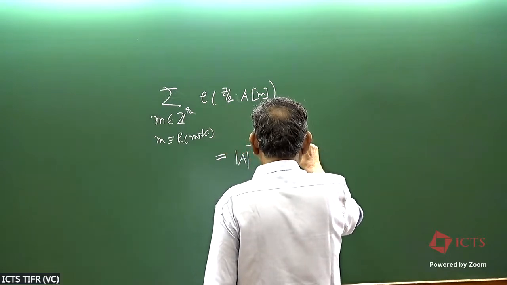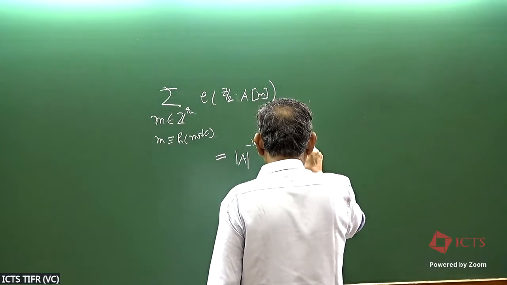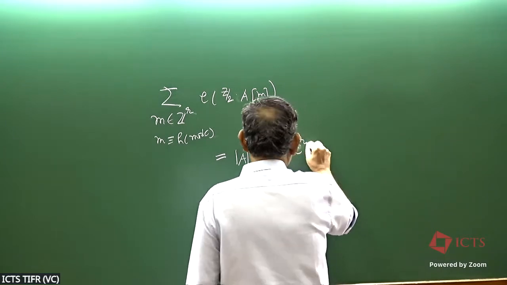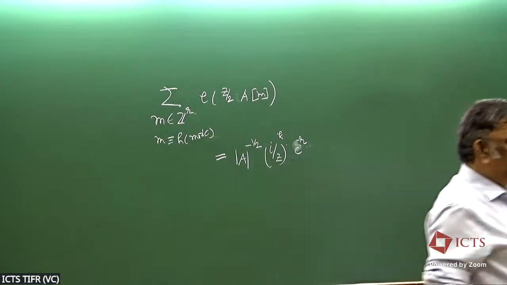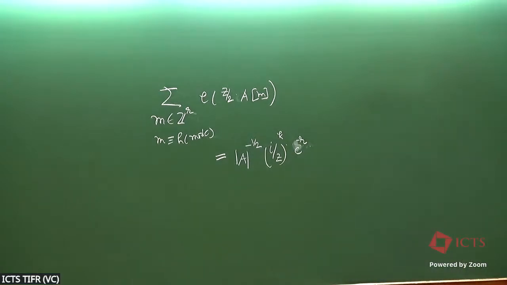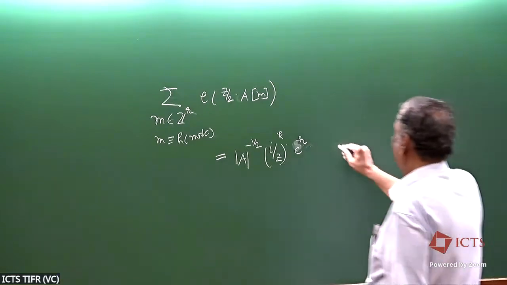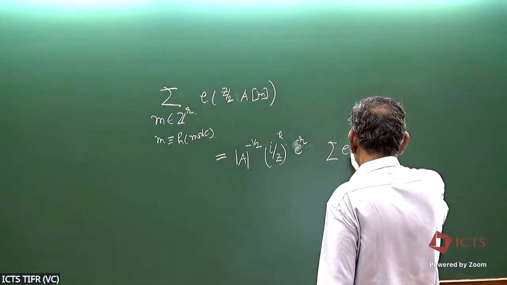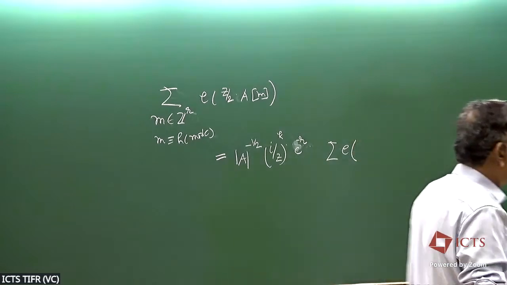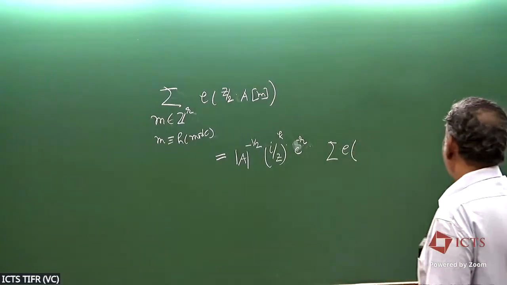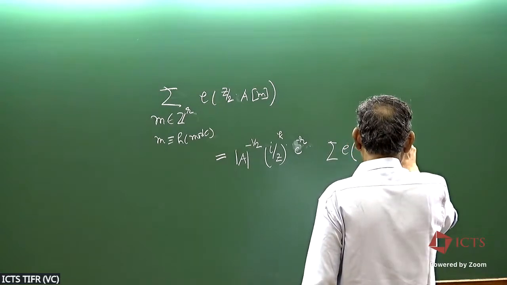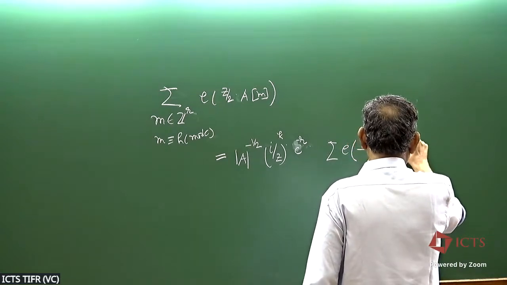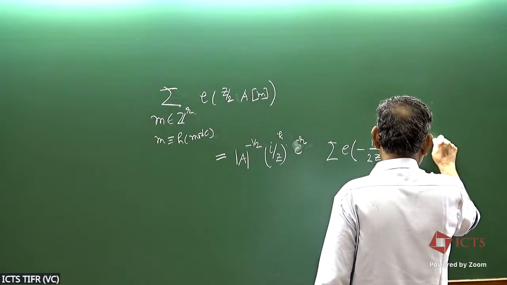Then you have c power r minus r, because that's c square raised to the power k, which gives you c power minus r, into the summation of e of minus 1 by 2z, a inverse of m plus m h by c.